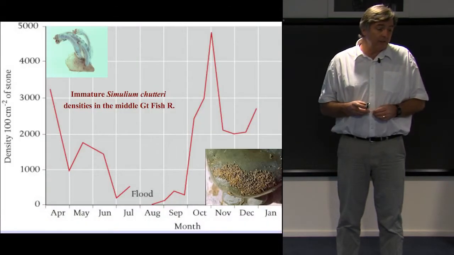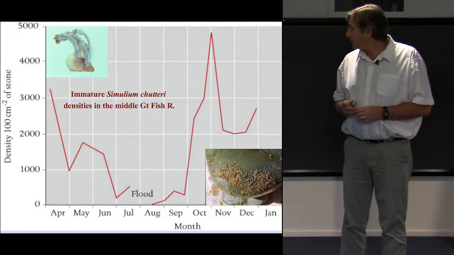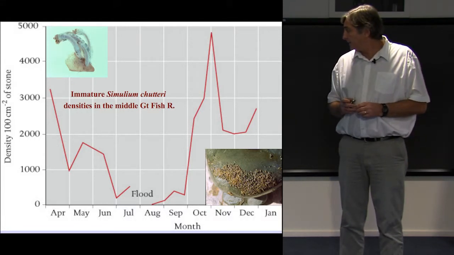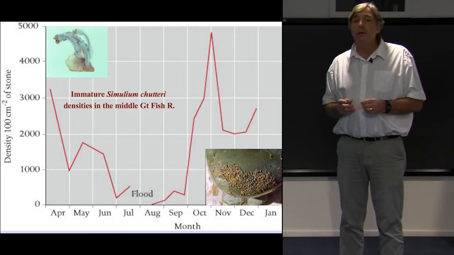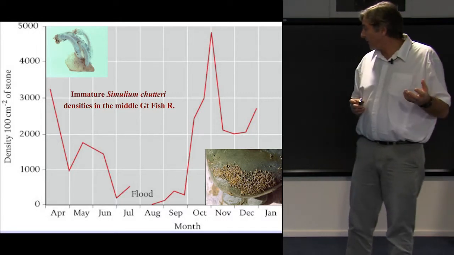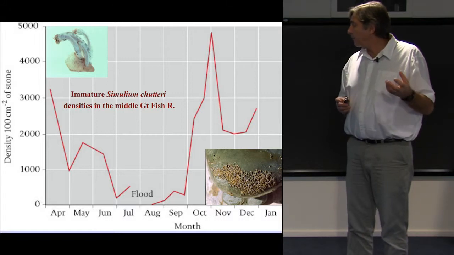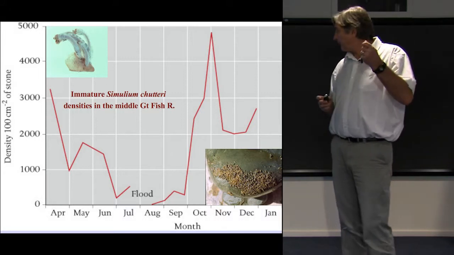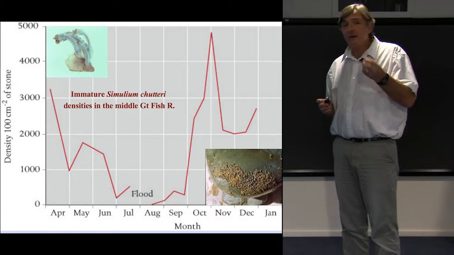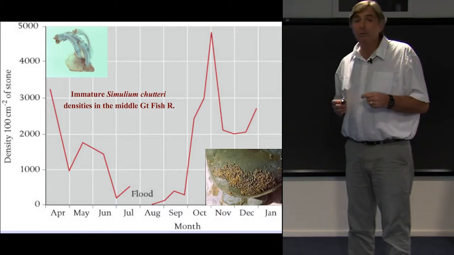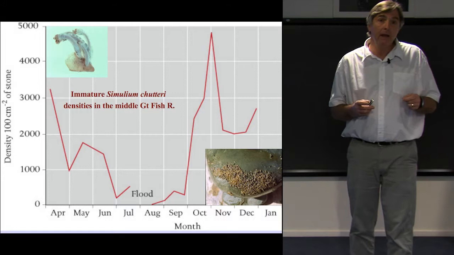And this is some sampling that we did in the 1980s throughout a year when there was an unseasonal flood during the dry season. And what you can see is that in April, May, June, the population was declining as the temperatures reduced as we go into winter in the southern hemisphere.